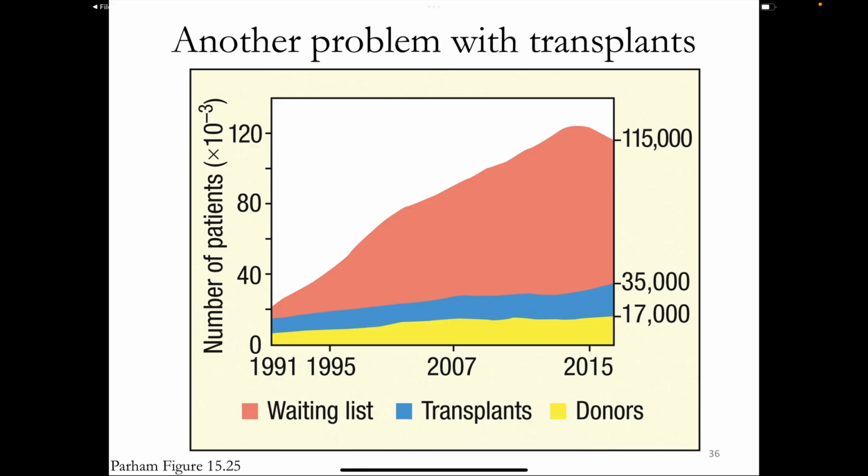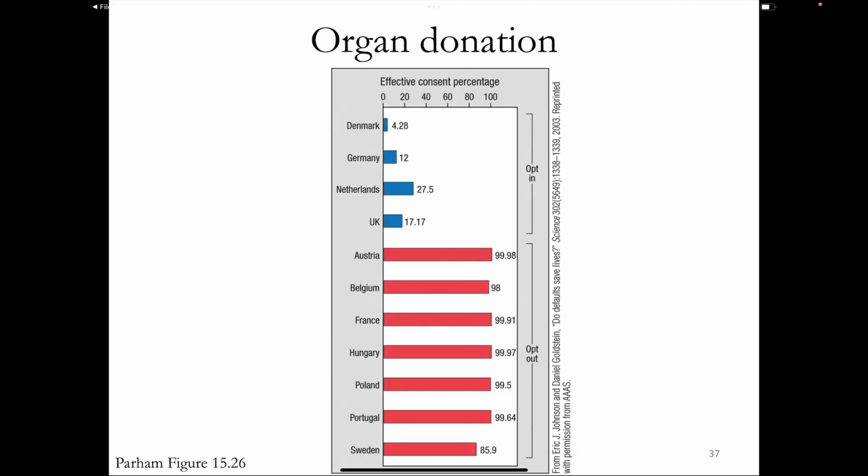And so we also have been thinking about other ways to deal with this. One of them is a policy thing in terms of how we do organ donation. In the United States, organ donation is opt-in. You have to say, hello, I would like to be an organ donor. You have to check a box. It ends up that it's a pretty low percent. I don't remember the percent in the US who are organ donors.